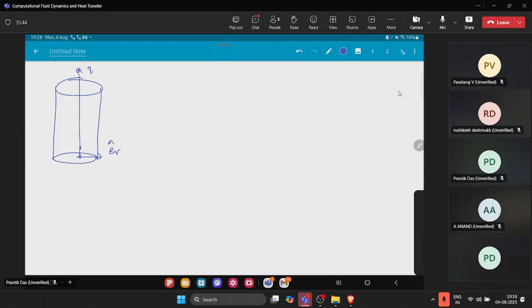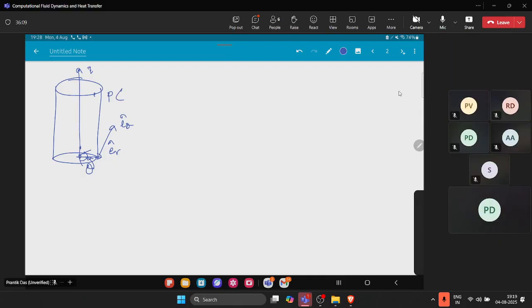And then this is moving along the theta direction, so this one is theta, and this is e theta cap. Okay, and there is a point P present in the cylindrical coordinate system itself, which is a function of r, theta and z.